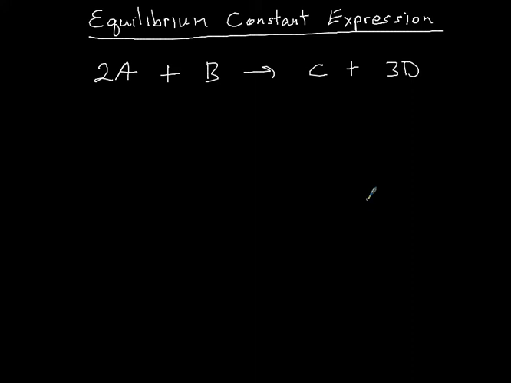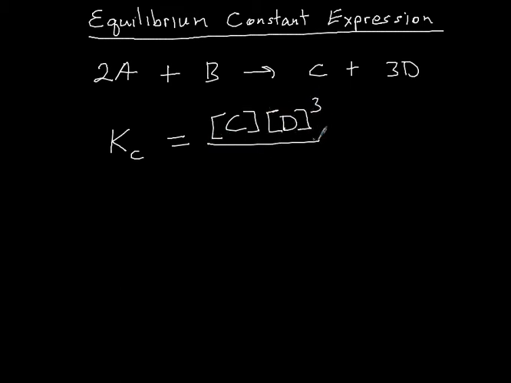And so in the equilibrium constant expression, the variable is Kc, this is going to be equal to C times D cubed over A squared times B. Okay, that's going to be our expression here for the equilibrium constant expression. So a couple of things to make note of.